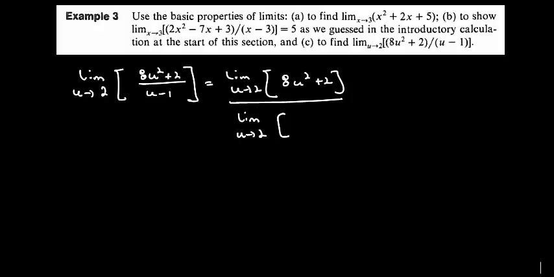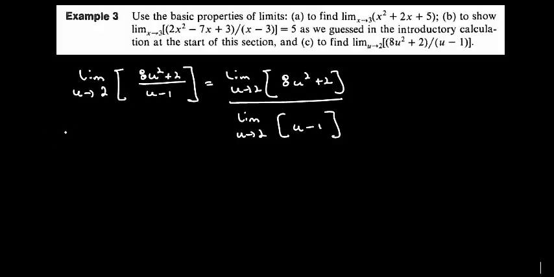So the limit as u approaches 2 of 8u squared plus 2 over the limit as u approaches 2 of u minus 1. Now the reason I knew in this problem to use, this is called the reciprocal rule or the quotient rule, the reason I used that rule here is because if I direct substitute 2 in, it doesn't give me the indeterminate form.